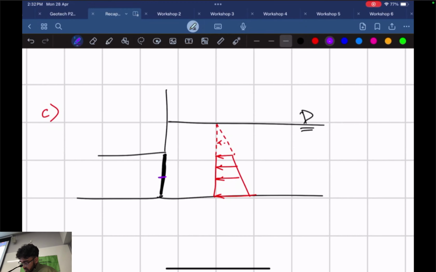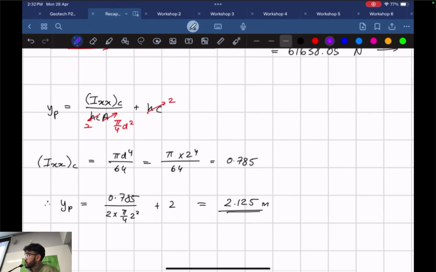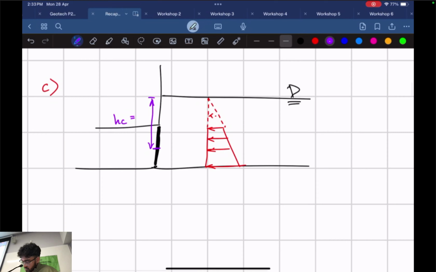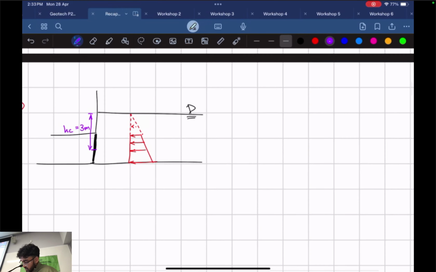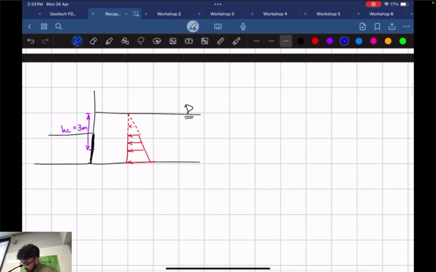So again, our HC is going to be different this time. What's our HC? 3? Perfect. 3 meters. So again, let's call this F2, our equivalent force. F2 is going to be equal to rho g HC A. What's rho?